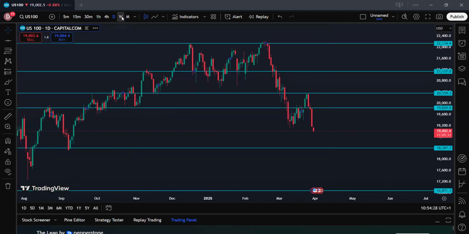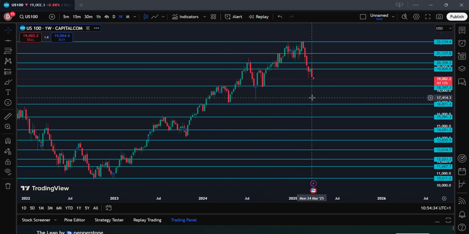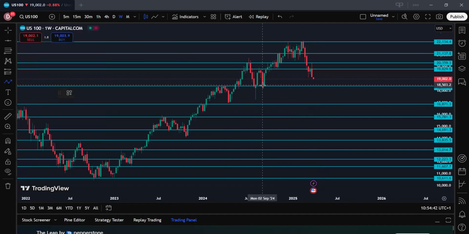So to zoom out now, you are viewing NASDAQ on a bearish trend. Because I say we are on a bearish trend, I take out my pathway.